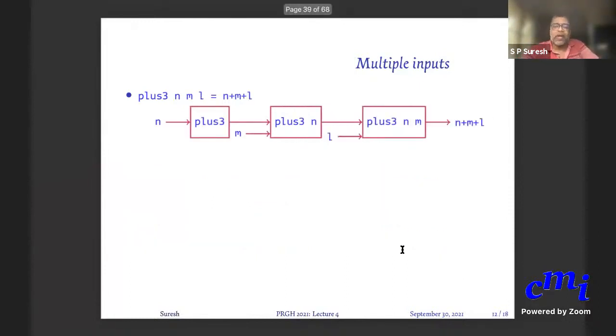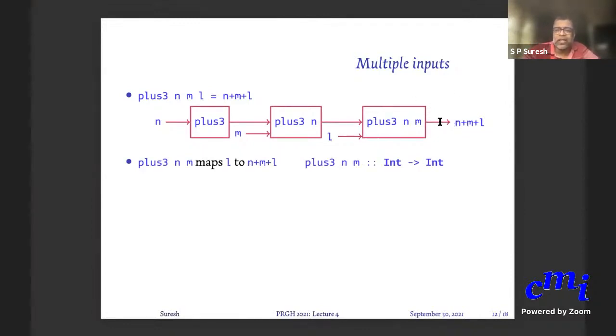Okay. Similarly, if you have plus 3, then you are taking in an n. That gives you plus 3 n, which expects an m, which gives you plus 3 n m, which expects a further l, and then the result will be n plus m plus l. And here, if you want to work out the types, plus 3 n m expects l and returns the sum. So it's of type int arrow int.